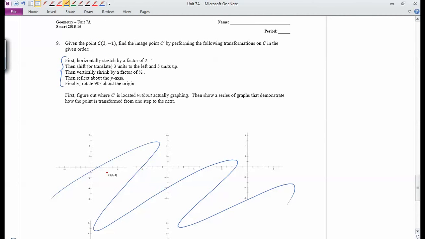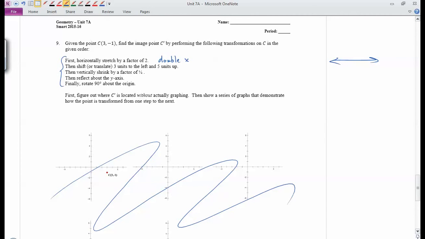So a horizontal stretch by a factor of 2 means you're going to take the point that you have, and if I'm only stretching it out horizontally, only the x values are going to change. So I'm going to double the x but keep the y the same. So in fact, I'll just write the rules here informally. Double x.